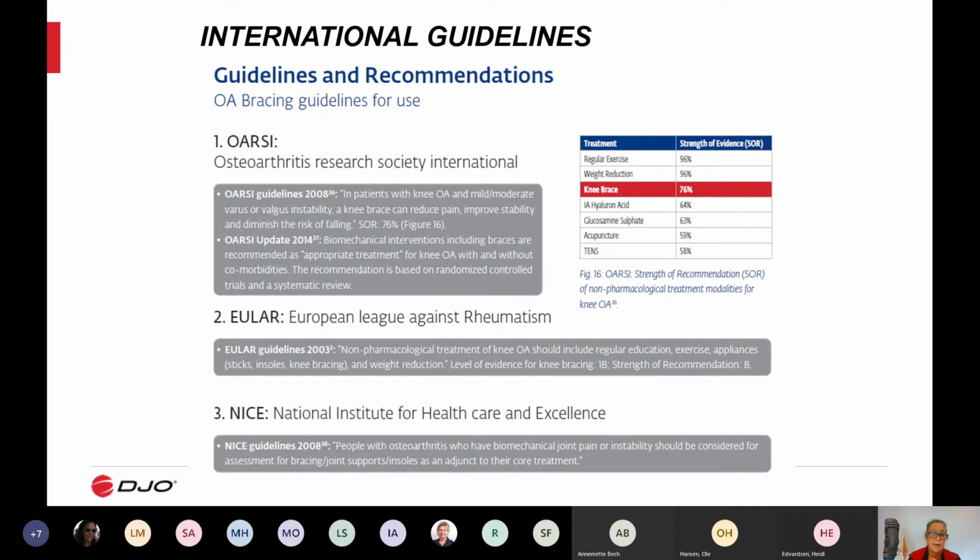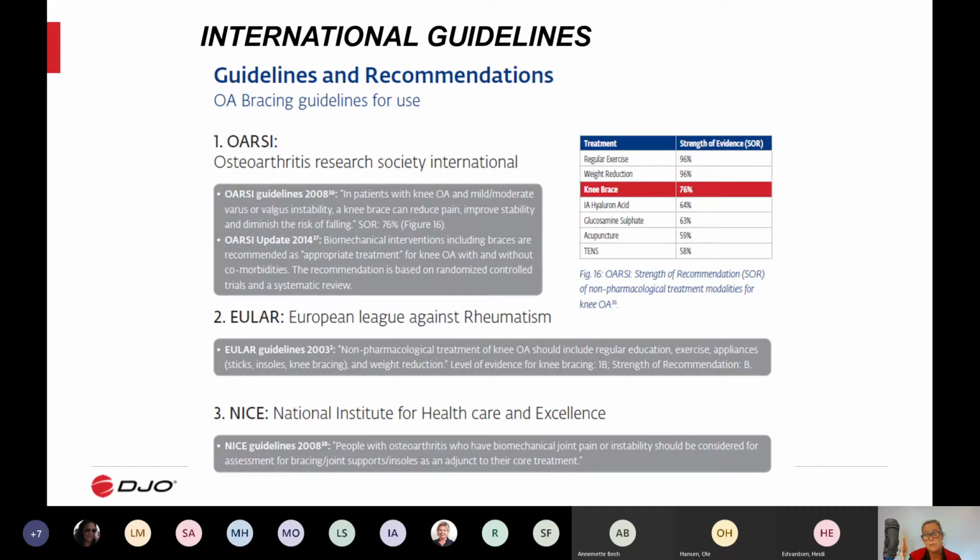They have made guidelines, but overall, they also see that people with OA have to do exercises, they have to do weight reduction, and what is very good, especially for DJO, is that we have the knee brace in third place where the evidence is very strong.